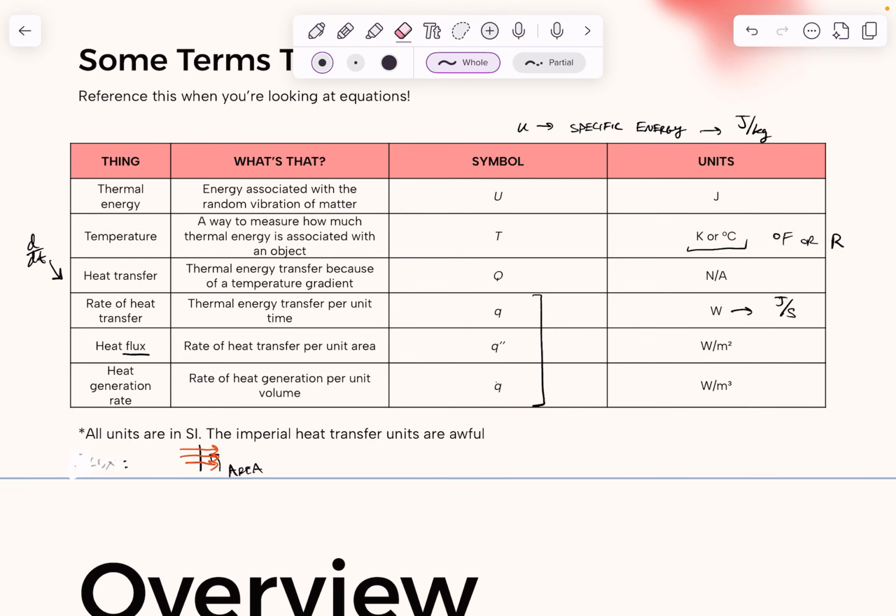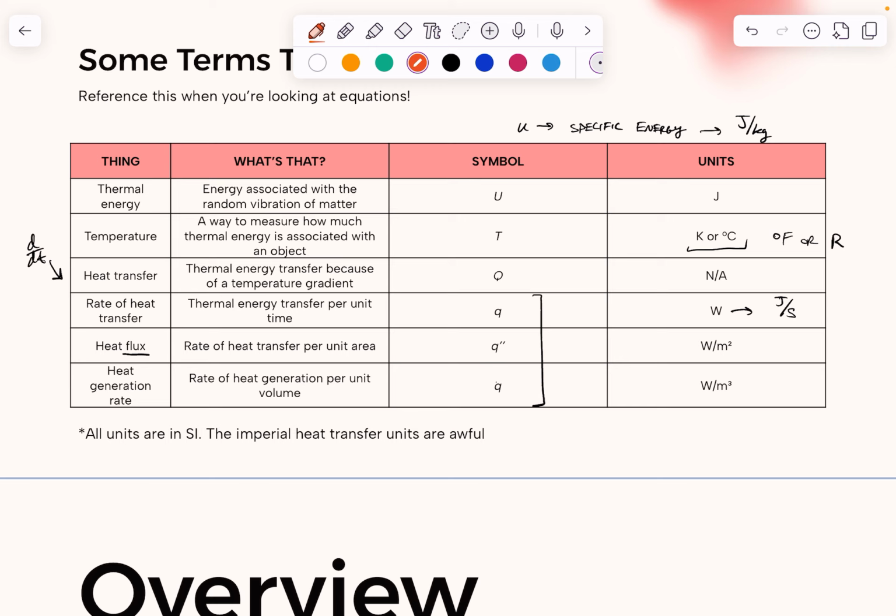Another thing to look at is the heat generation rate. So what do we mean by that? When you have an object, there can be heat transferred into it or out of it, but sometimes it can be making its own heat. Maybe you're looking at a chemical reaction, and that chemical reaction is generating heat while reacting, and then that heat is being taken somewhere else.